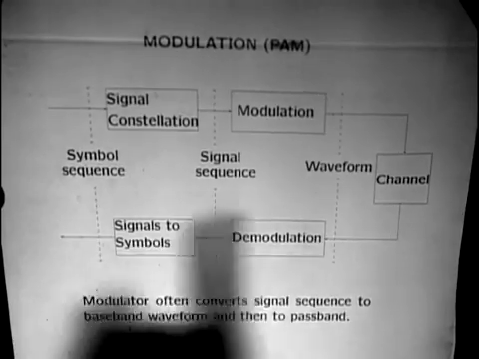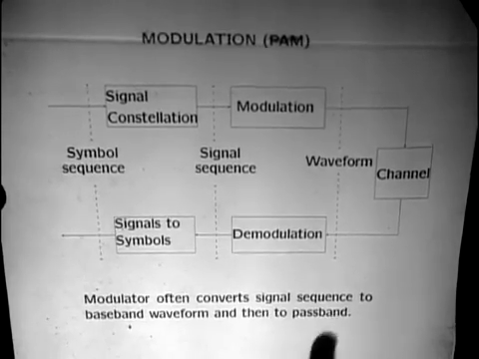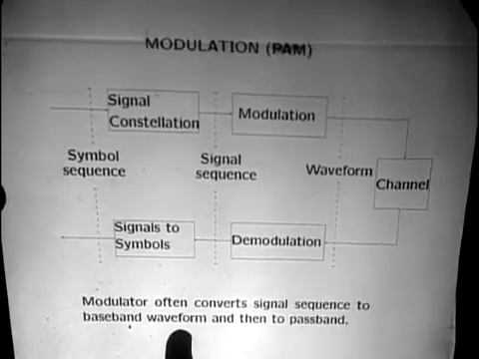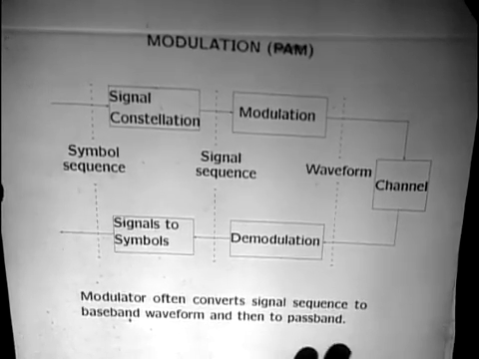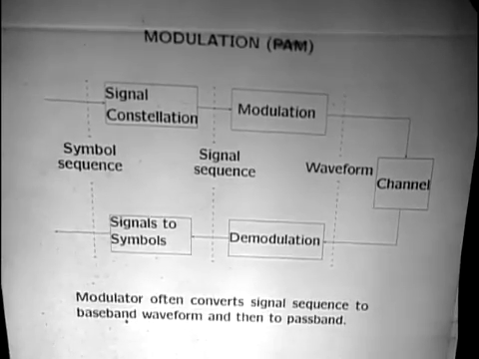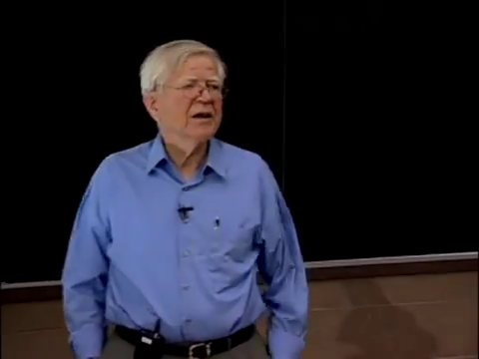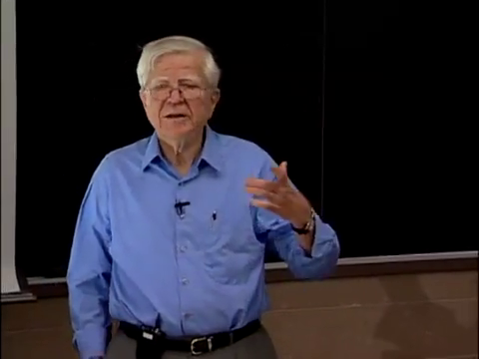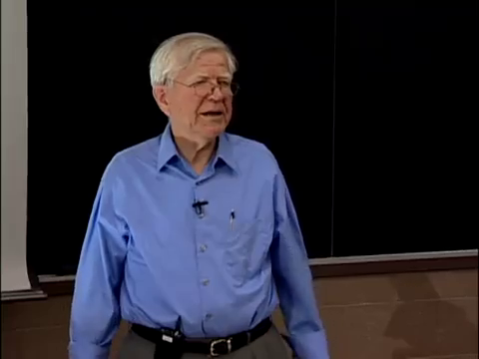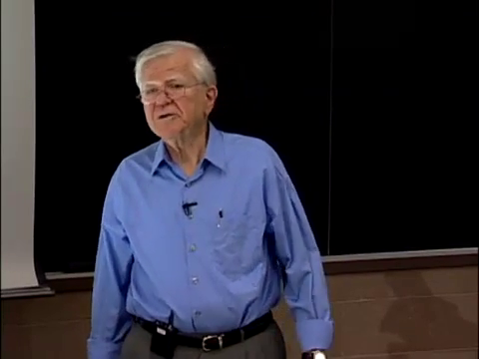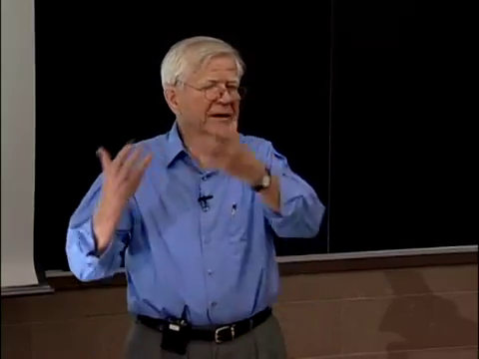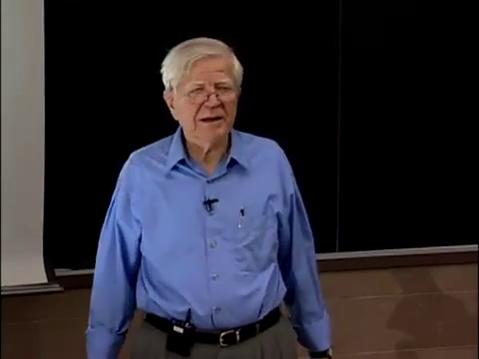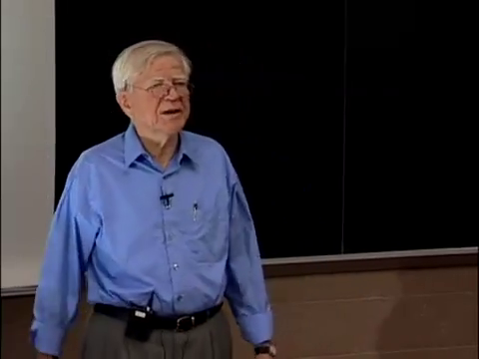Okay, the modulator often converts a signal sequence to a baseband waveform, and then converts the baseband waveform to a passband waveform. And just historically, people used to think of modulation as the process of taking something at baseband and converting it up to some passband. Now it's recognized that the interesting problem is not how do you go from baseband to passband, which is just multiplying by a cosine wave. There's not much more to it than that.